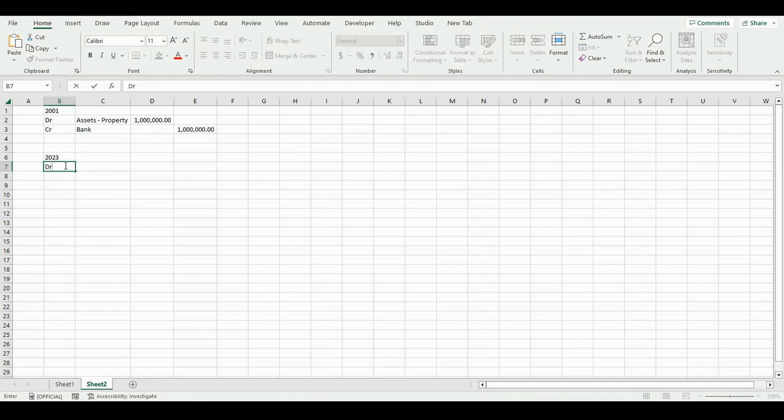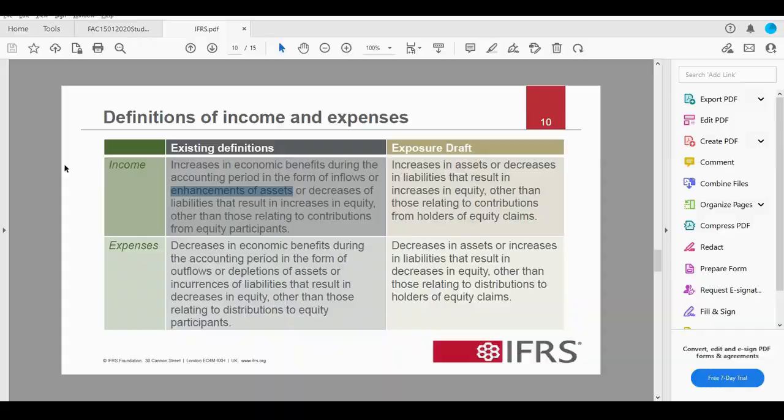So again, you must just remember that there will always be two entries in accounting. If you have a debit, there must always be a credit. Otherwise, you'll never balance. I'm trying to come to this point, to explain to you how assets would affect your income, which goes into your income statement.